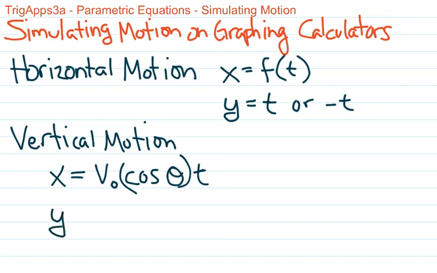And then the y component is a little bit more complicated. We have gravity that's affecting the y height. So -16t squared, this is for feet, by the way, not meters.